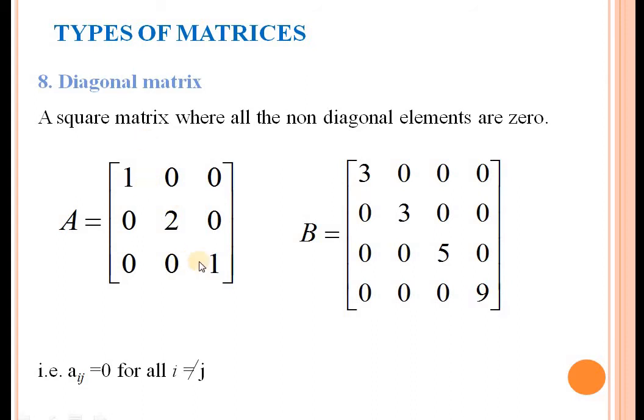Here diagonal elements might be 0 or non-zero, but off-diagonal elements are 0. So a diagonal matrix is upper triangular as well as lower triangular. Only diagonal elements might be 0 or non-zero, but non-diagonal elements are 0, then it is a diagonal matrix.